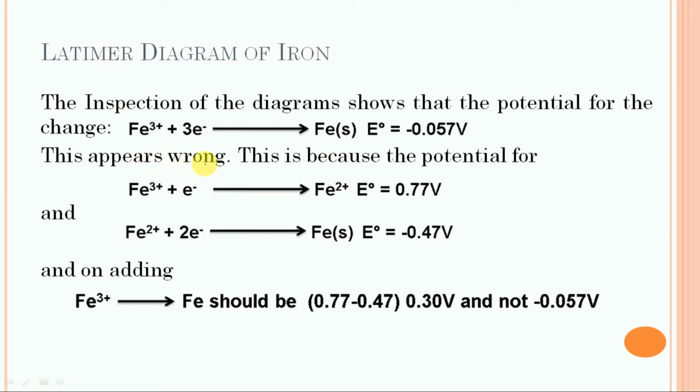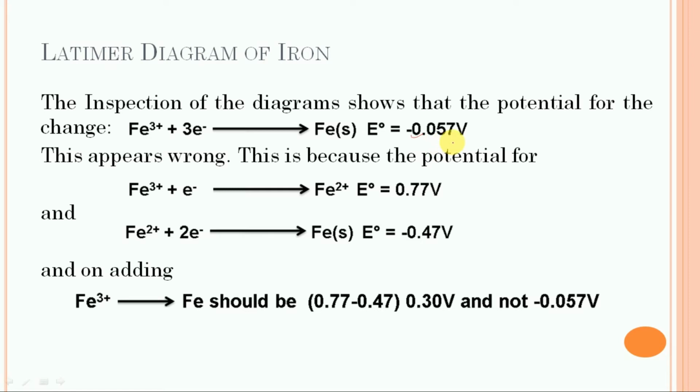This is because the potential for the change of iron 3 plus to iron 2 plus is 0.77 volt, and for the change of iron 2 plus to iron it is minus 0.47 volt. On adding these values, the change of iron 3 plus to iron should be 0.30 volt and not minus 0.057 volt.